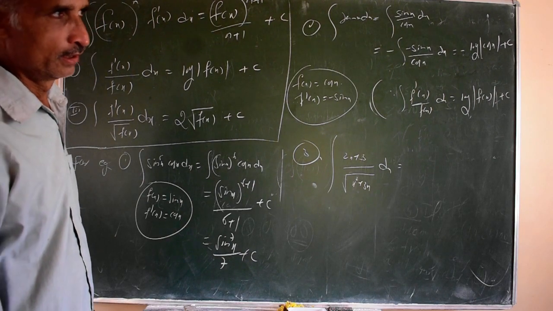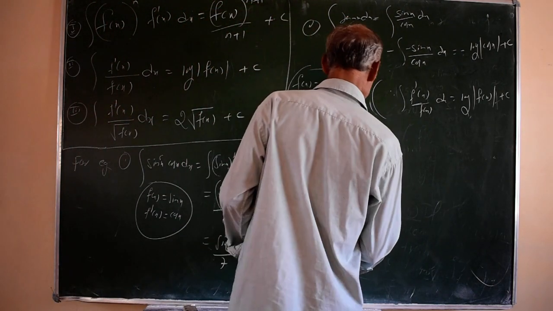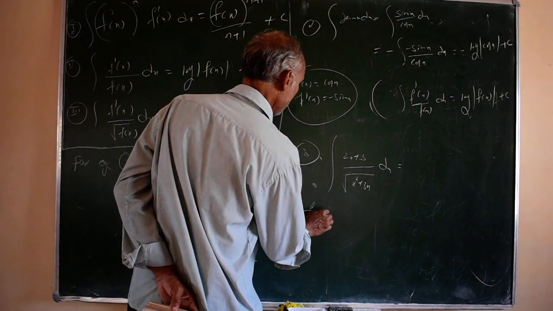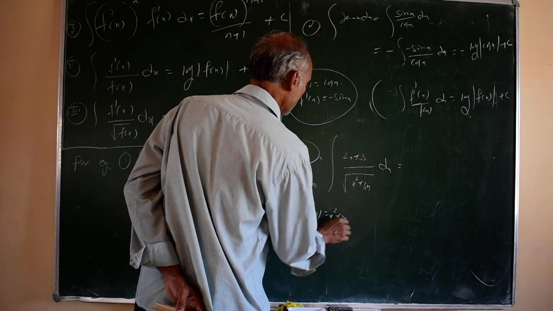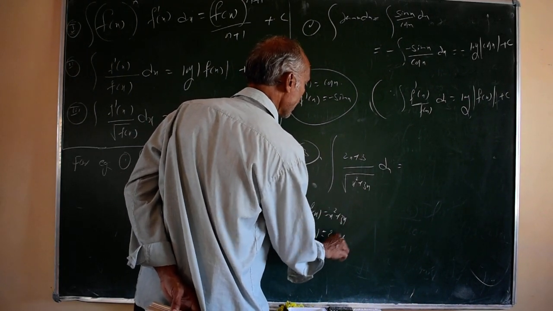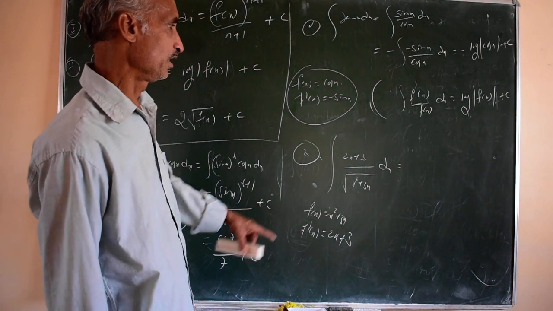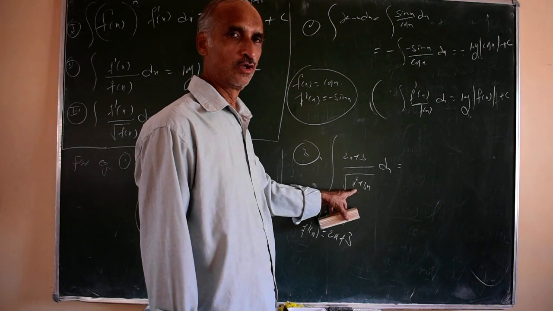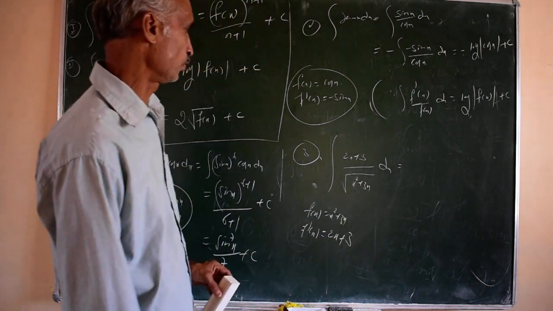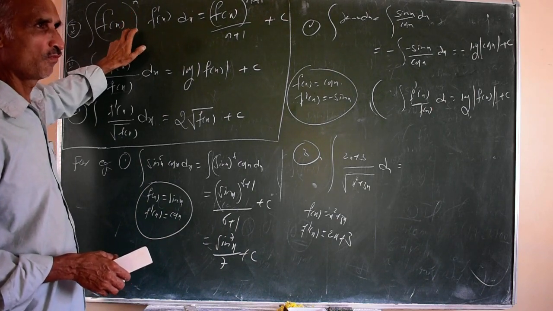Okay. So now, f of x is what? X square plus 3x. What is the differentiation of it? F dash of x: x square differentiation is 2x, plus 3x differentiation is 3. Therefore, it is exactly in the form of f dash of x upon root f of x, which equals 2 root f of x. It is nothing but a particular case of the first one.